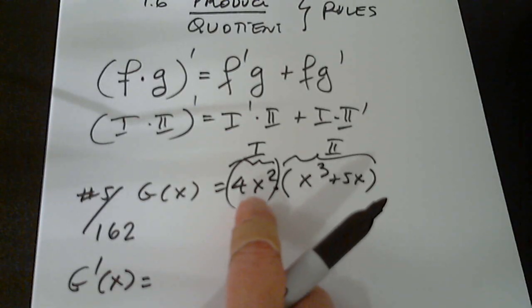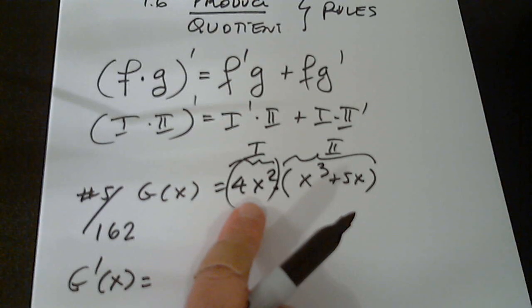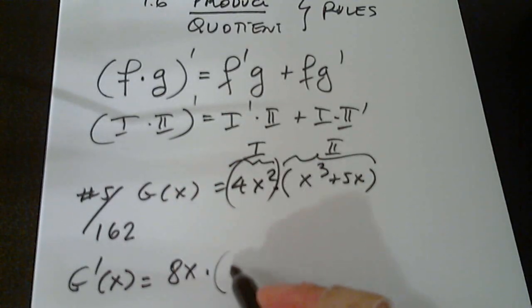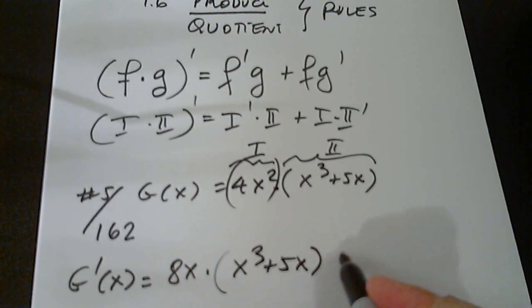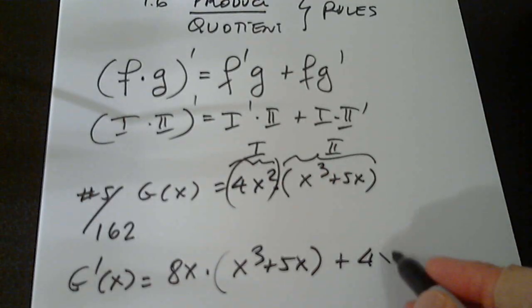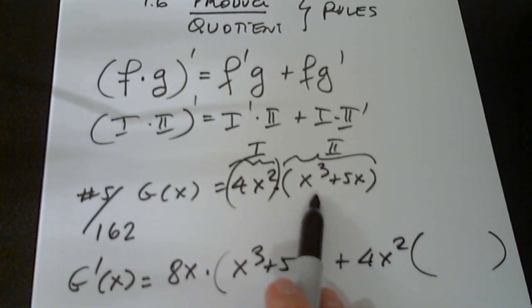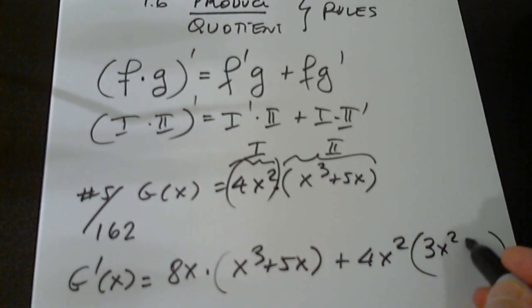Can anyone give us 4x squared prime? 8x. Very good. Times the second function, I have to copy it. Plus, I copy the first function now, and I multiply it by this function prime. Can anyone give us x cubed plus 5x prime? 3x squared plus 5. Very good.